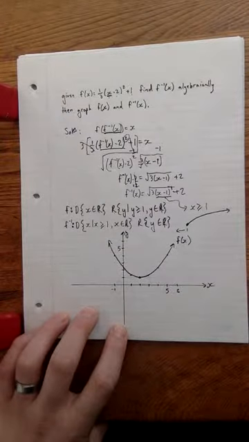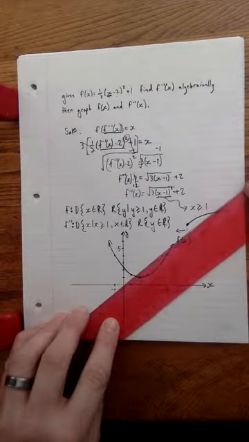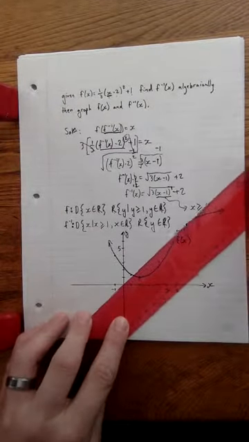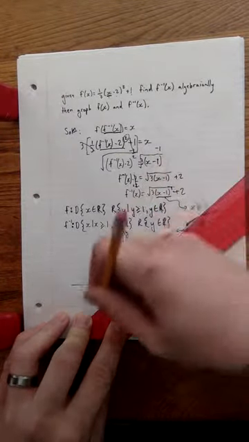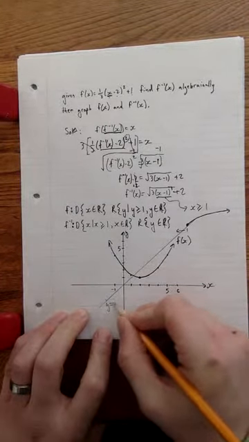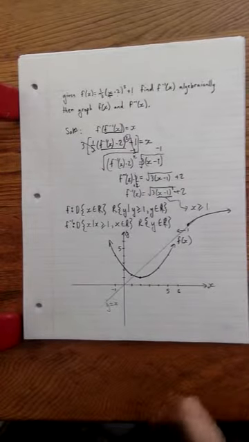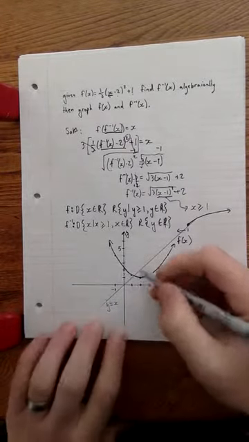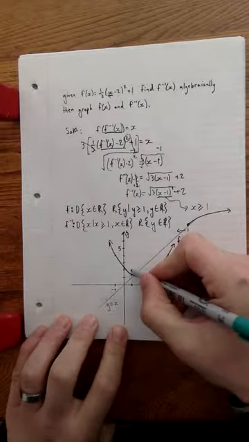And now recall that when we graph inverses, we're just graphing a reflection in the line y equals x. And the line y equals x looks something like this. So this would be the line y equals x. So every point on f of x should be a point reflected to f inverse. So this point at 2, 1 would reflect to 1, 2.